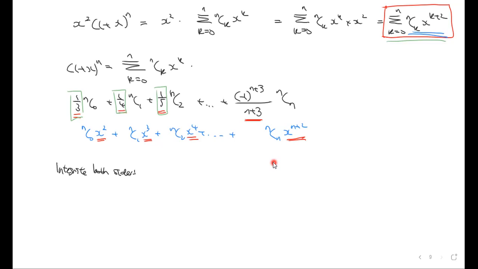We would say that the integral of the sum from k equals 0 to n of nCk x to the k plus 2 dx, well, this, after all, was equal to this, must equal the integral of x squared times (1 plus x) to the power of n dx.